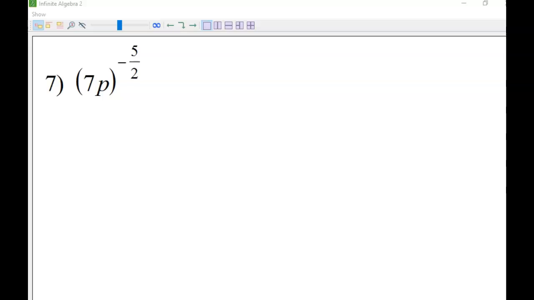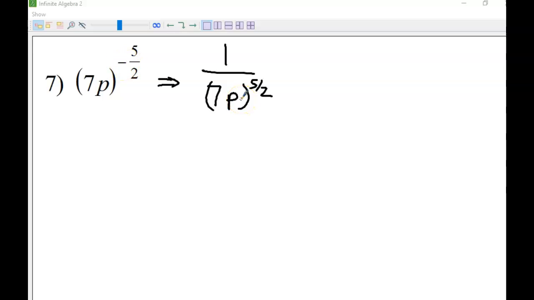Now, this one's a little bit different. So first of all, you'll want to notice that it's a negative. This one always gets students. It's really hard for people to understand. But the first thing you're going to do is rewrite it like this. We don't like the negative exponent. So to make the negative exponent positive, we move it to the bottom of a fraction.